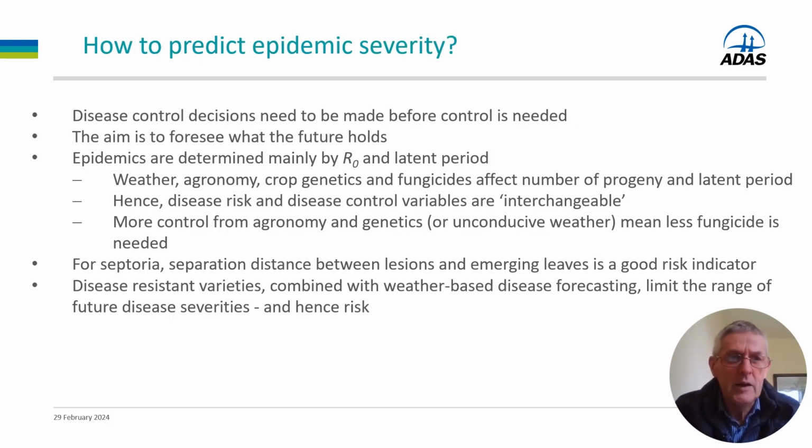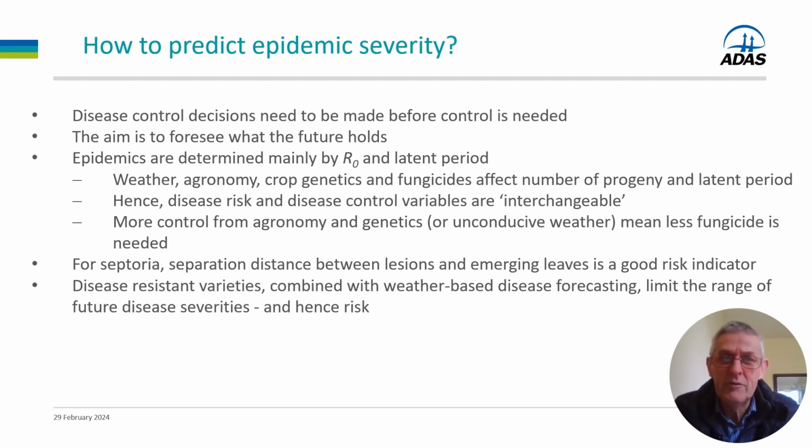So what can we conclude about our ability to predict? So first of all, we can't make disease control decisions with the benefit of hindsight. They need to be made before the control is needed. So we are unfortunately in the business of holding a crystal ball. Epidemics are determined mainly by the basic reproductive number, R0, and the latent period, which determines the generation time.